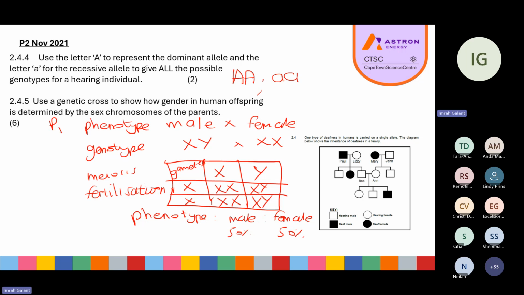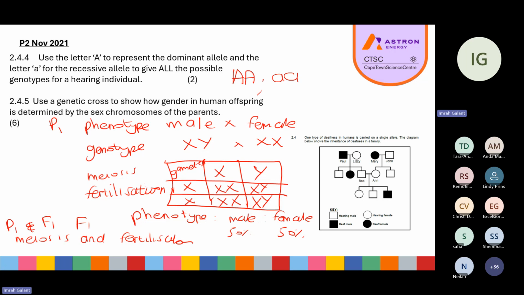Okay, so that is the result of your F1 generation. Then we have meiosis and fertilization, and then you also have in a list your P1 and F1.